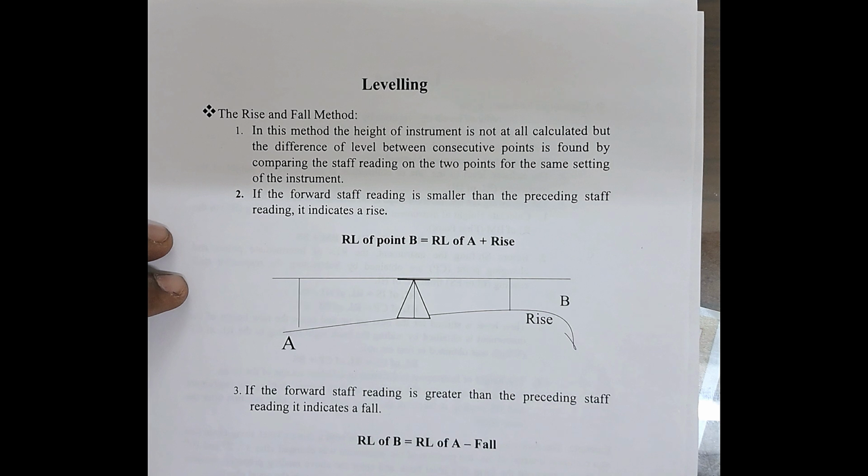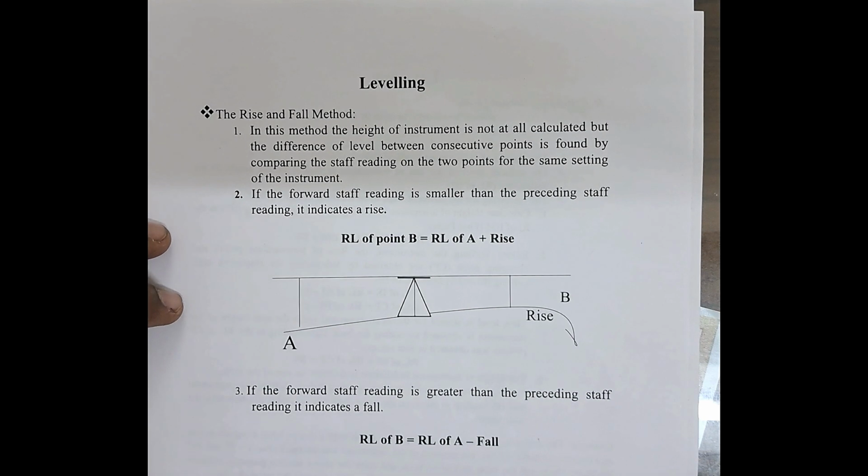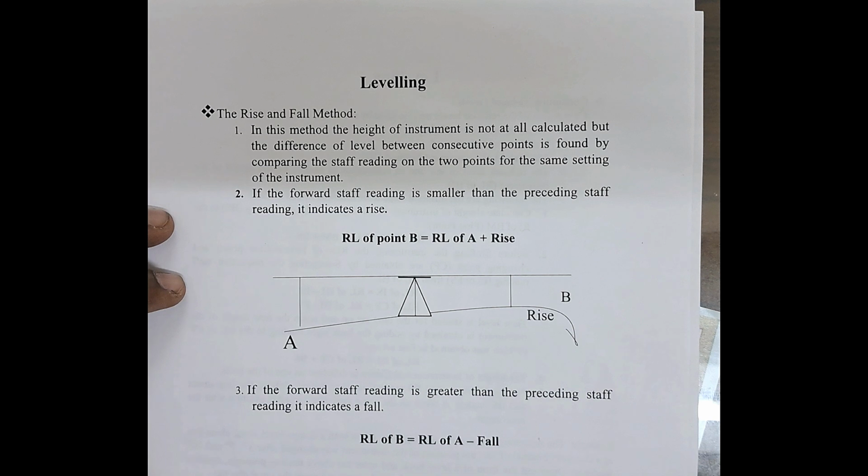So whenever we find the RL, it is always with respect to the mean sea level. And we have two methods to calculate the RL of a point: the HI method and the rise and fall method. So in this video we are going to discuss the rise and fall method.